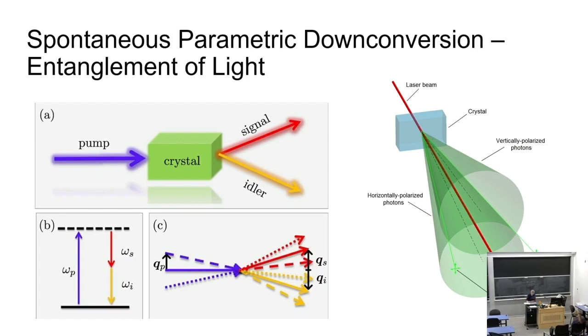So these two photons that come out have an equal weight quantum superposition of the unentangled states. So if our unentangled states are horizontal polarized and vertical polarized, then we have HV and VH, corresponding to the left-hand side photon and the right-hand side photon.